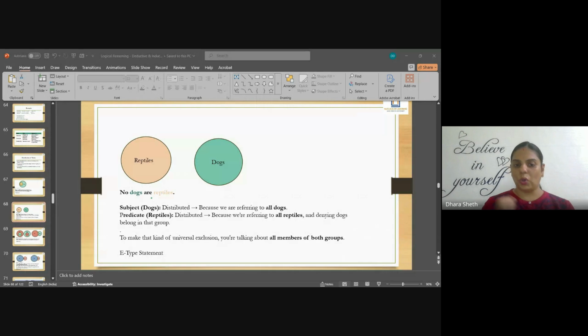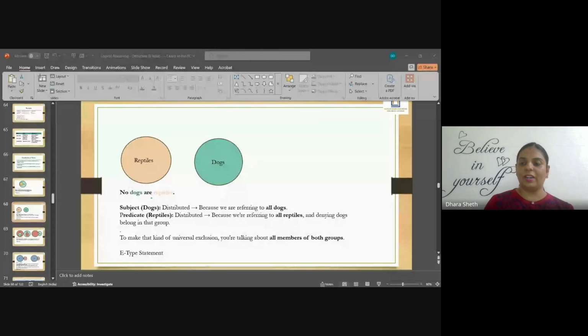We are referring to all dogs, that no dogs are reptiles. And we are also referring to all the reptiles, denying that all the dogs belong in that entire group of reptiles. Dogs do not belong to the entire group of reptiles. To make that kind of universal exclusion, you are talking about all members of both the groups.